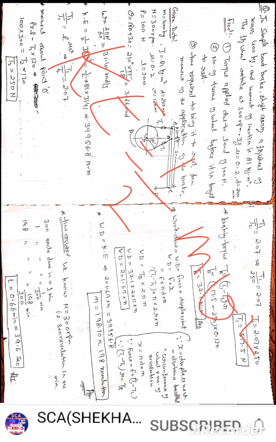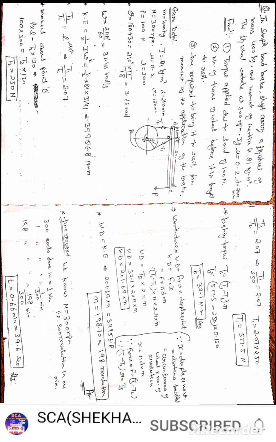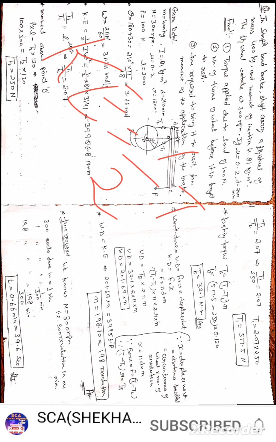This formula is used for linear motion, where m is the mass of the object and v is the linear velocity. But in this case, the flywheel rotates at 300 rpm. That means it is in angular motion. In angular motion, we use the kinetic energy formula as half I omega square.